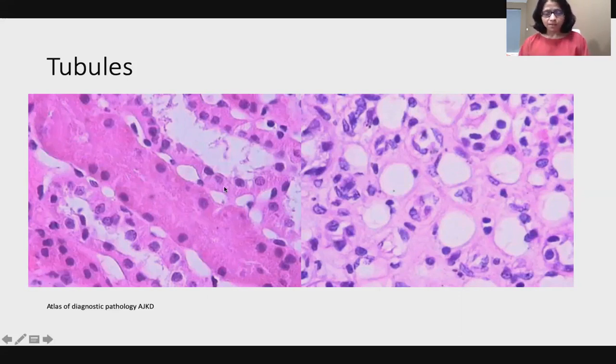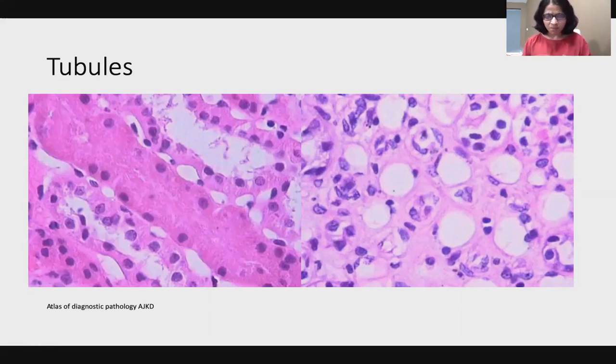On the other hand, the distal tubules contain more cuboidal cells and a very well seen lumen identified in the center. Now, if we do have medulla included in the renal biopsy, then the tubules look slightly different.